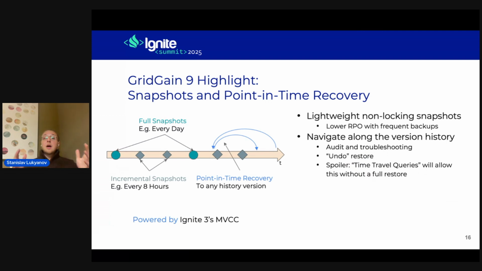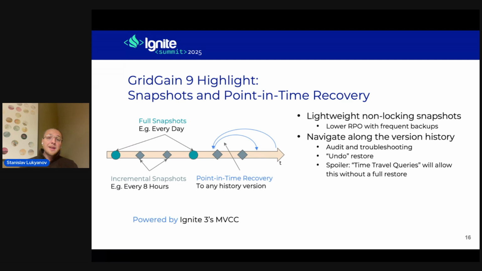Snapshots is how we call backups in GridGain and Ignite. GridGain provides full and incremental snapshots. A full snapshot is basically a data copy of your entire database or your entire table.